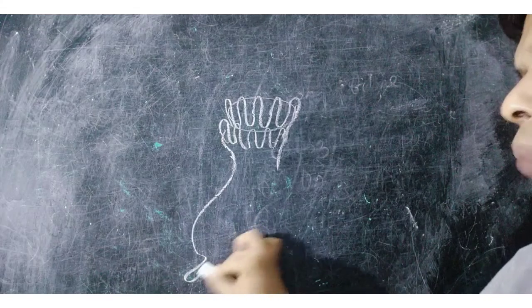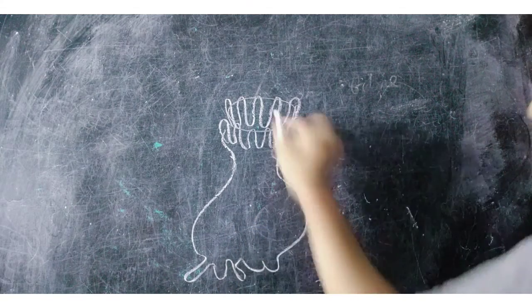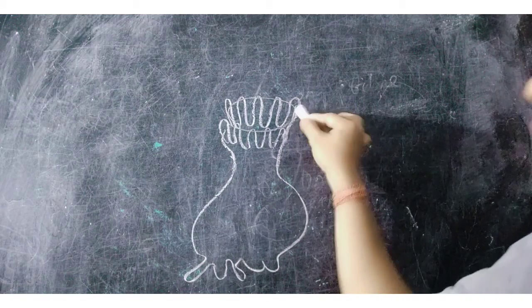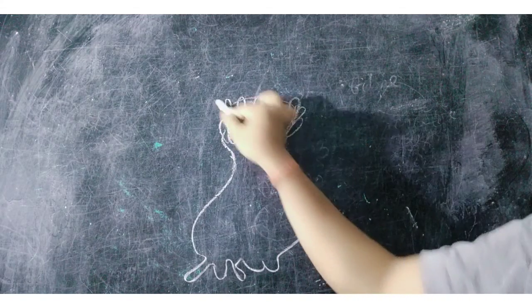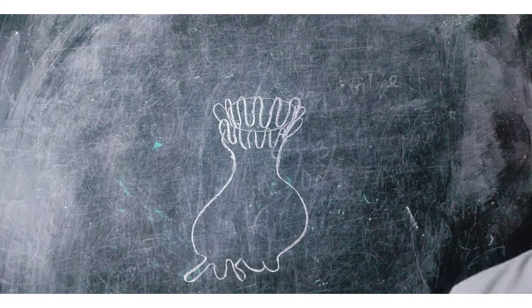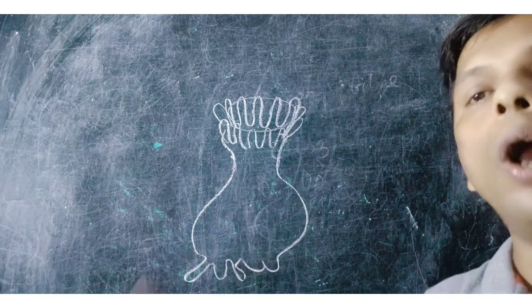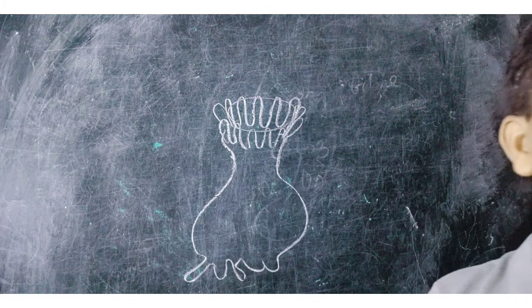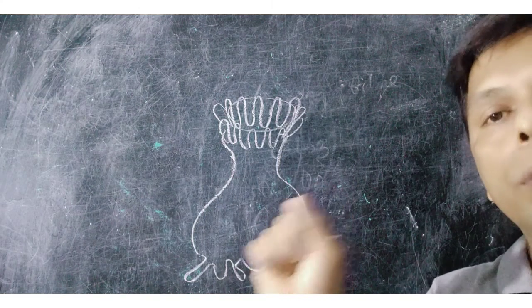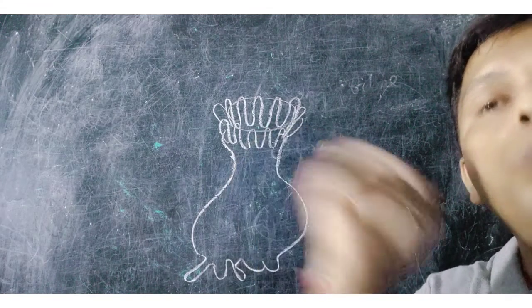This is the base of the cell, and the upper part produces villi-like structures. All these villi help in producing mucus and trapping the food material.